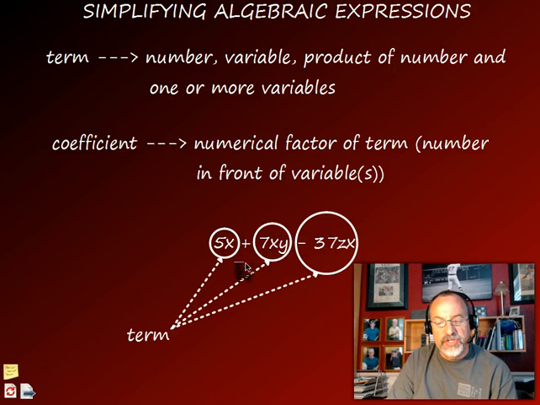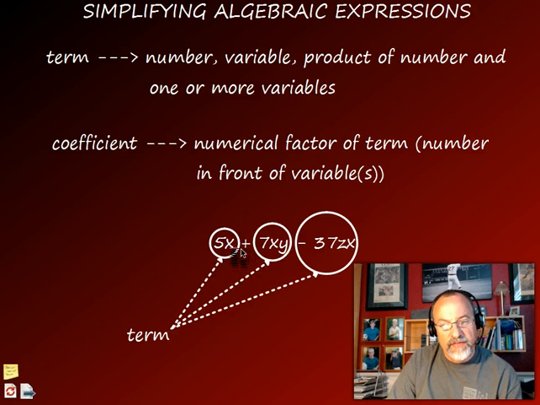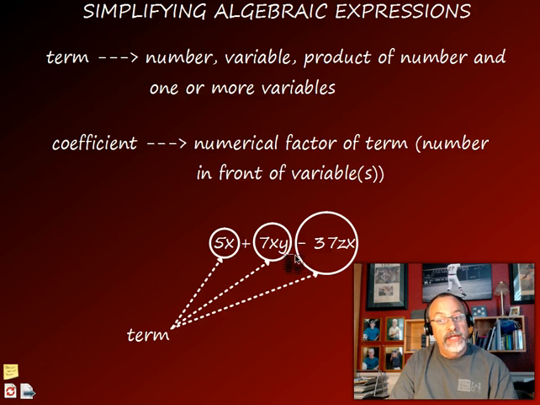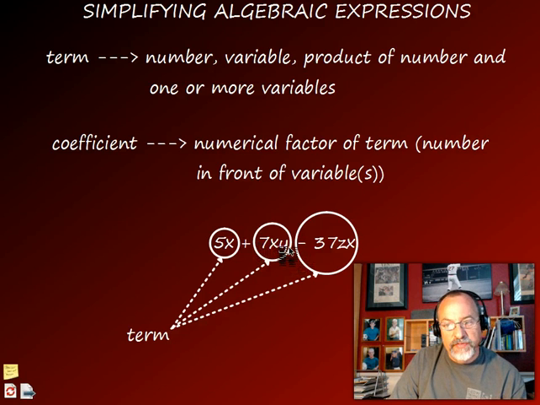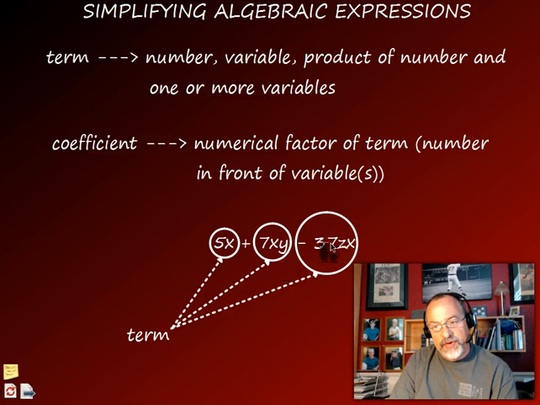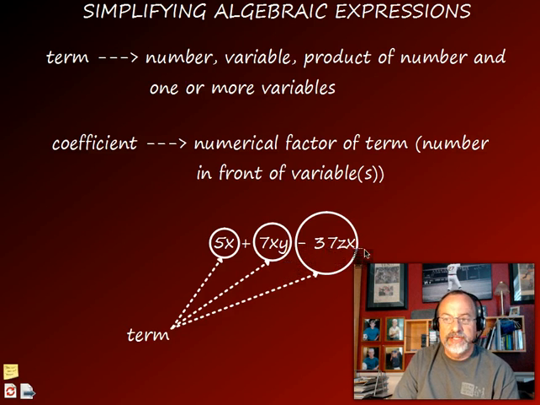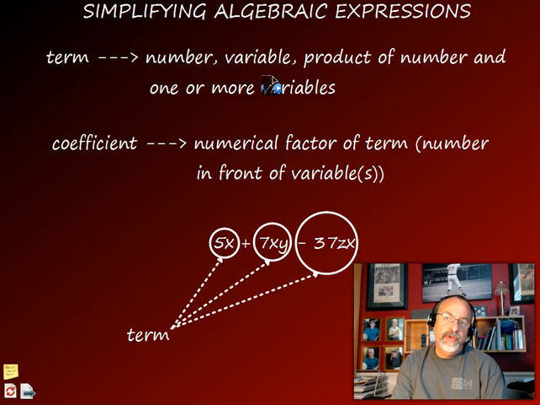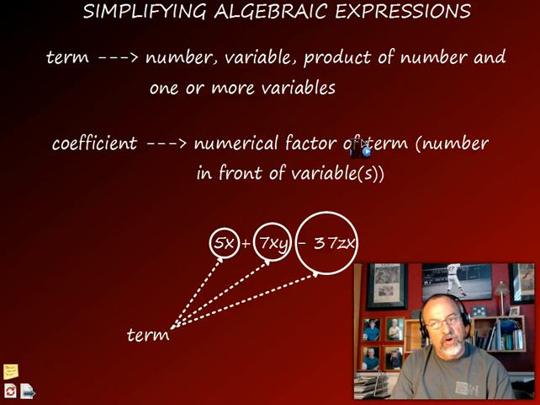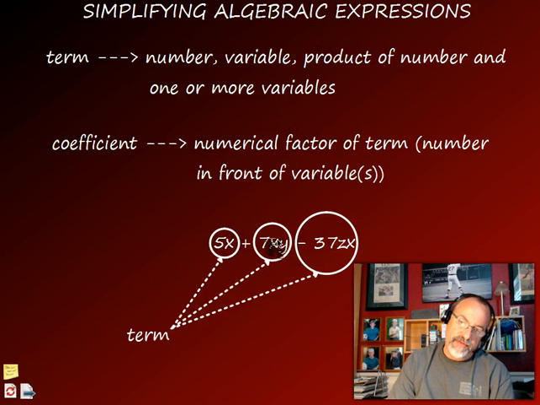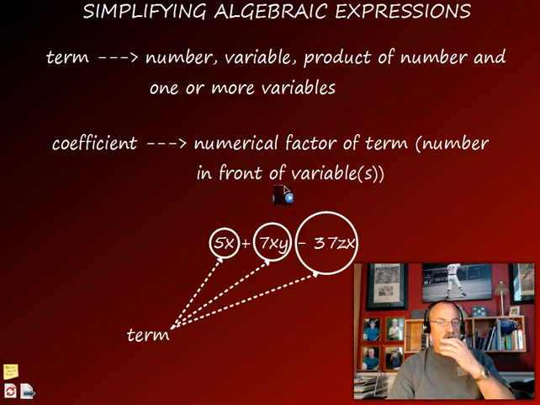So you have 3 different terms. 5x, and that's a product of a number and a variable. 7xy, that's the product of a number and 2 variables. And then negative 37zx, that's a product of a number, negative 37, and then z and x. So a term can be a number by itself, a variable by itself, or a product, like I have here, of a number and then one or more variables.